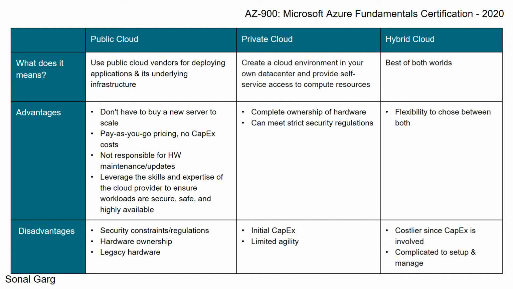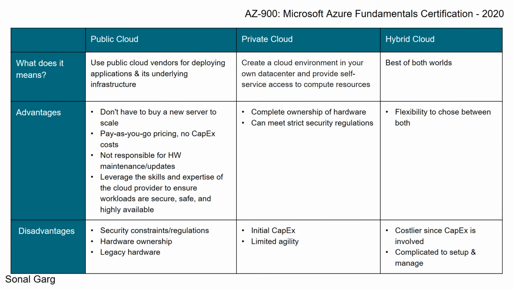Third is legacy hardware. If some of the applications in your data center are hosted on legacy infra, and it is difficult for you to move those applications to the public cloud vendors or the other platform, then you can continue to host those applications in your private cloud setup.